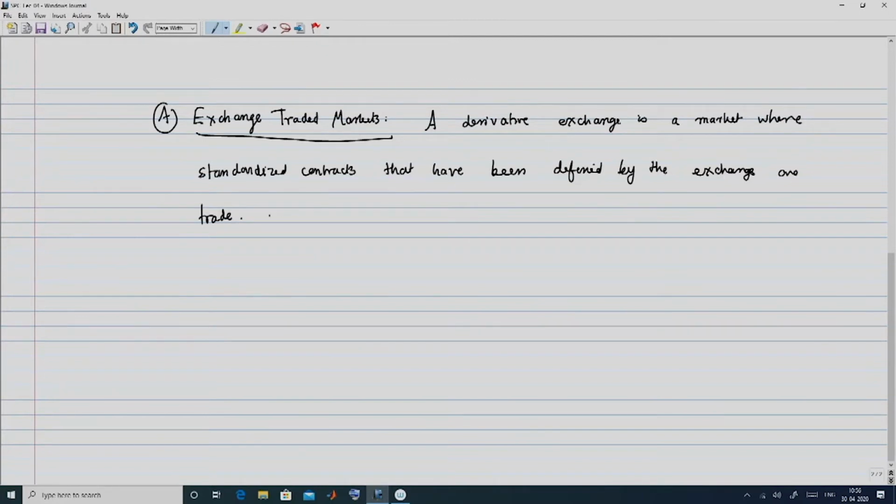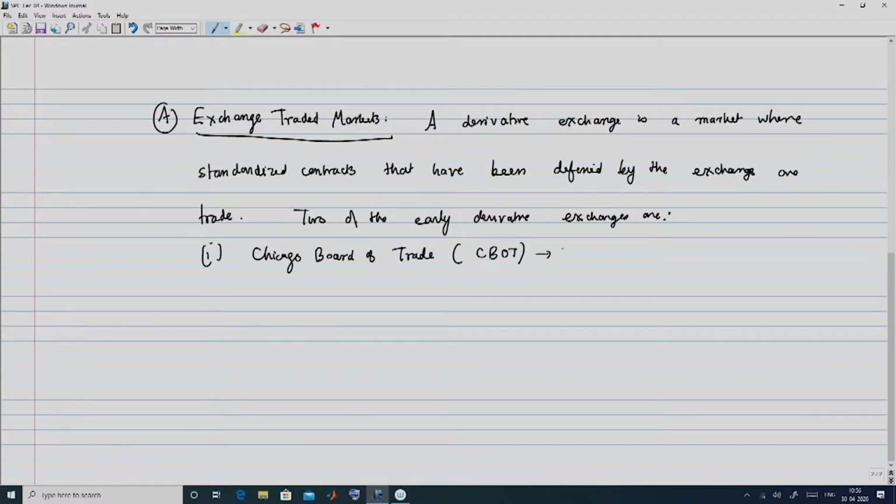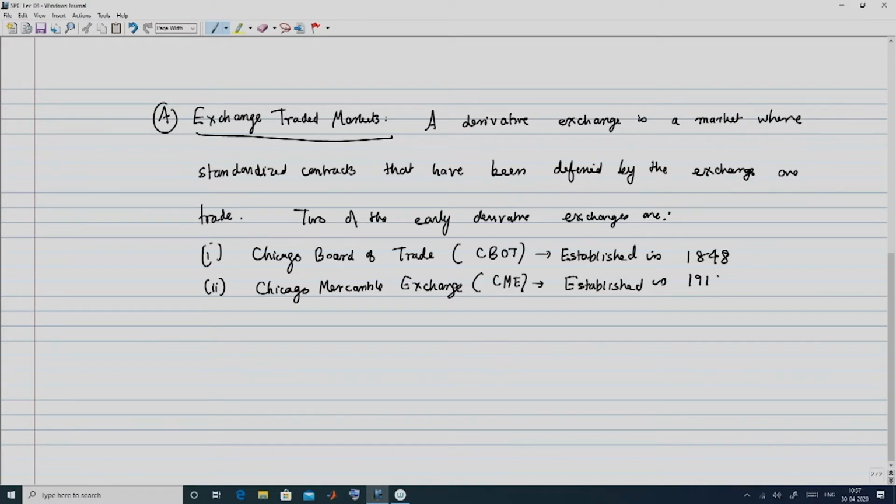So, two of the early derivative exchanges are, one, the Chicago Board of Trade, or CBOT, which was established in 1848, and secondly the Chicago Mercantile Exchange, CME, which was established as a rival to CBOT in 1919.